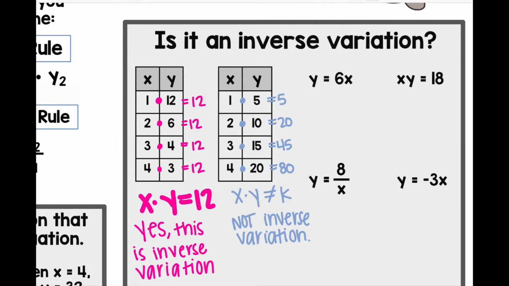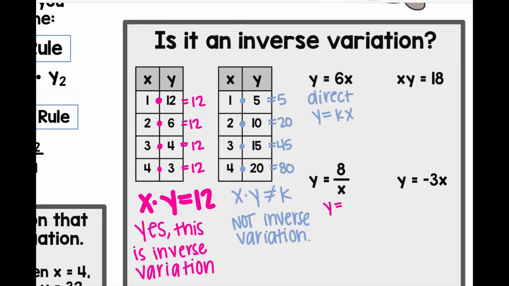Y equals 6x. This is actually representative of a direct variation because it's in the form y equals k times x. In order to have inverse variation, we need to have y equals k divided by x.